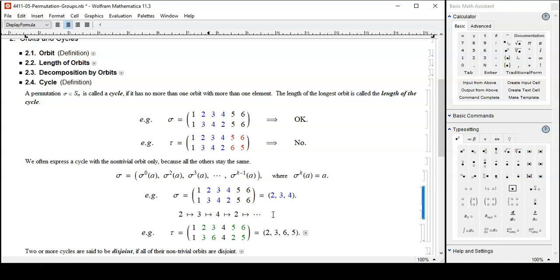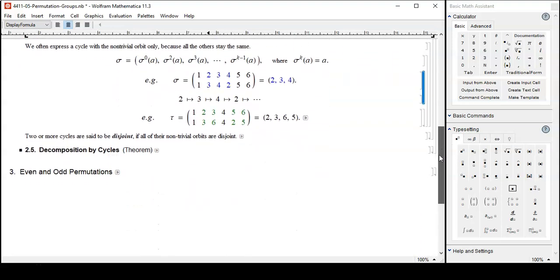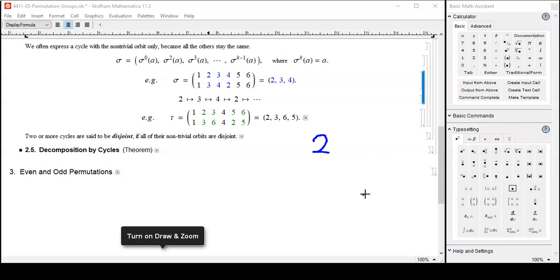It's a little bit difficult for me to typeset, but you can do something like this as well. So 2, 3, 4. So you can see this kind of relation. So it looks really like a cycle, right?